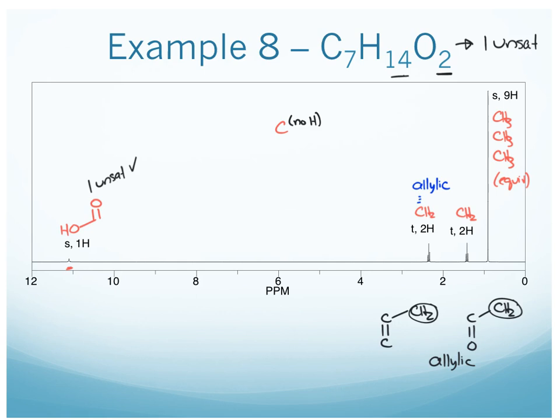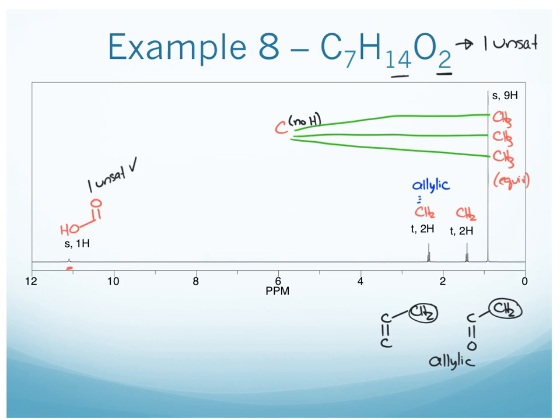Okay, well, one of the things that you should kind of spot is 3 equivalent methyls. Those should immediately call your attention to being a potential tert-butyl group. And a tert-butyl group is going to have a carbon with no hydrogen. So there's that.